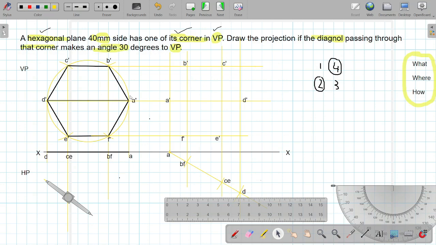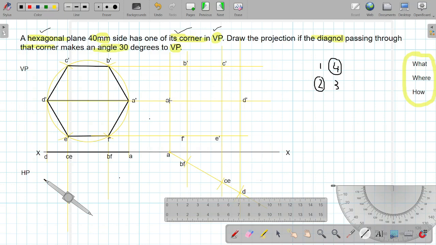Now we have to complete this entire step by joining the points. So for joining we have to take the help of step number 1. In step 1, the joining is as follows: from A to B, then B to C, C to D, D to E, E to F and F to A. So the same sequence will be followed in this particular part with the dark line.